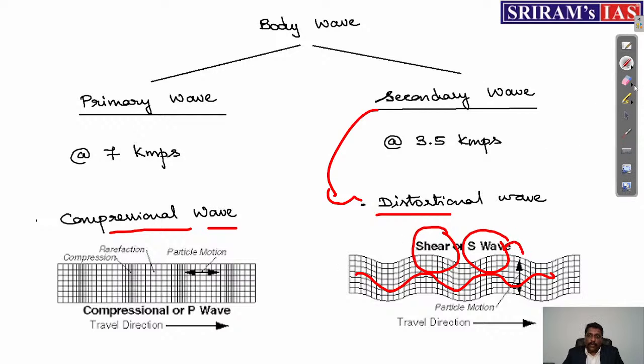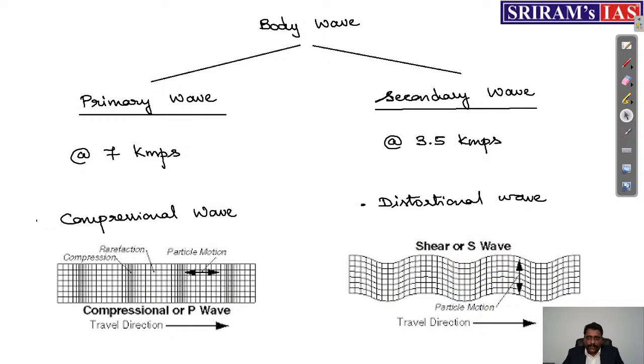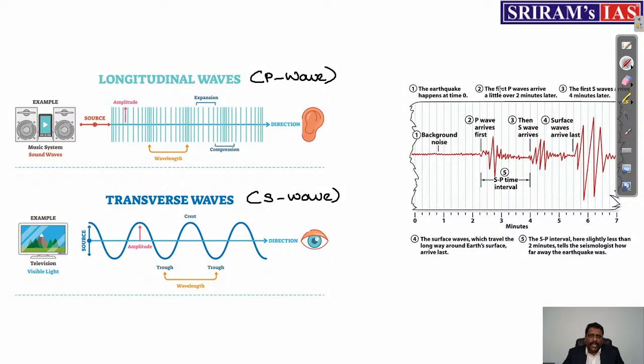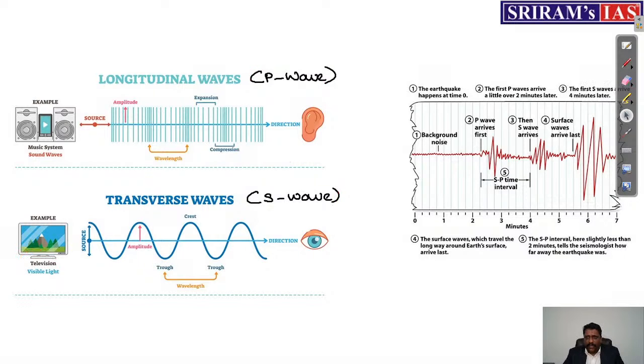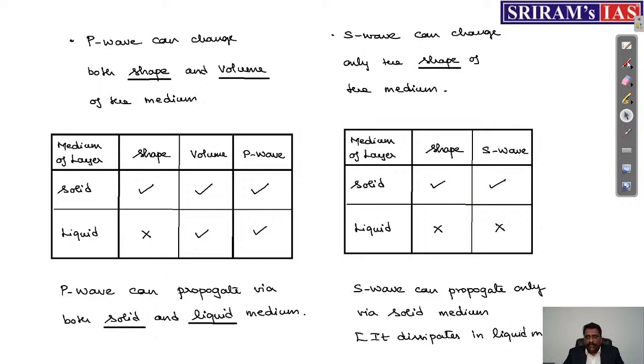In wave propagation, the P wave is more like a sound wave, and the S wave is more like a light wave. Given the ability of the P wave to change the shape and volume of the medium through which it propagates, this calculation is not needed.